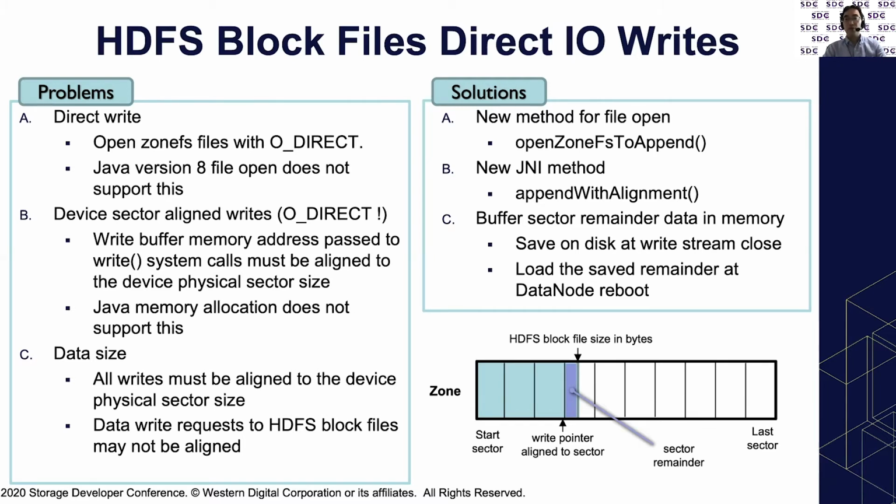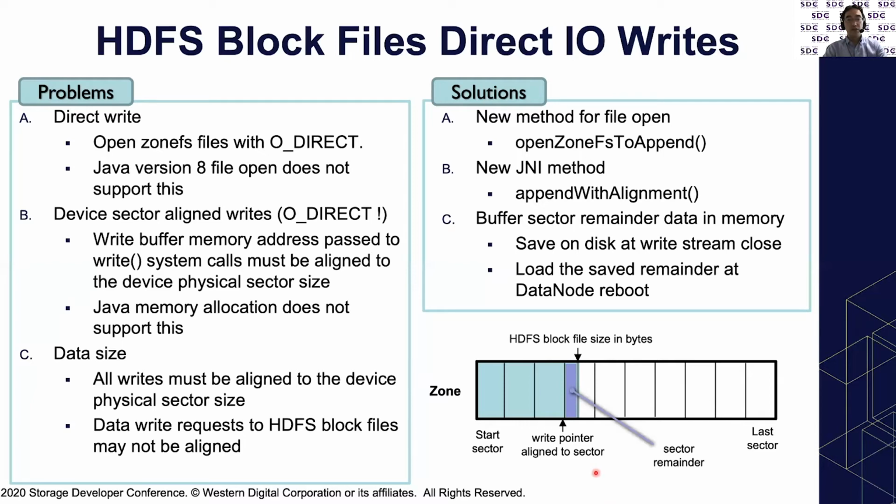The third problem is about the data size. All writes to the zonefs files must be a multiple of the device physical sector size, since sector is the unit of the data write to zones. On the other hand, HDFS block files can have any size with byte unit. So when we store the HDFS block files to zonefs files, there is some remainder which cannot be stored.